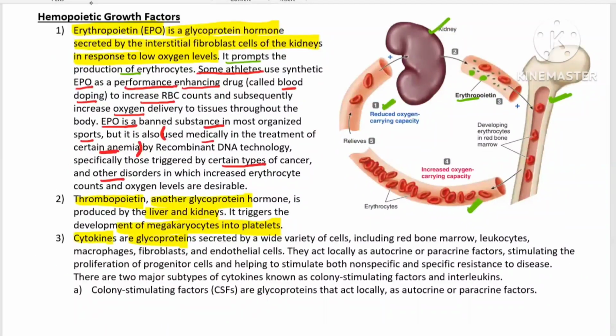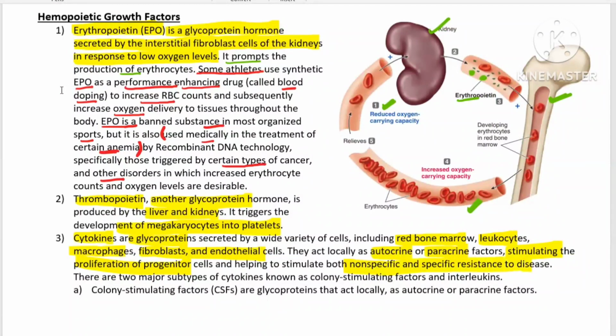They are secreted by red bone marrow, leukocytes, macrophages, fibroblasts, and endothelial cells. They can act as autocrine, making self-stimulation, or paracrine, stimulating nearby cells to stimulate the proliferation of progenitor cells and help both non-specific and specific resistance to disease.